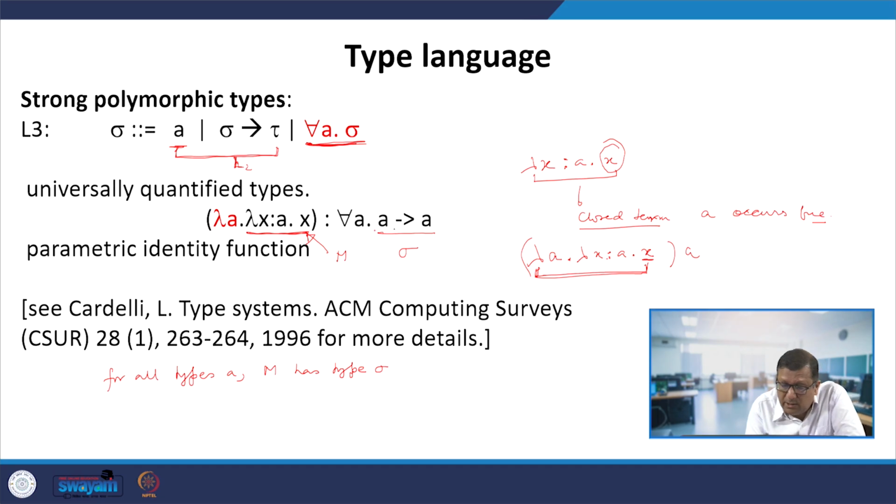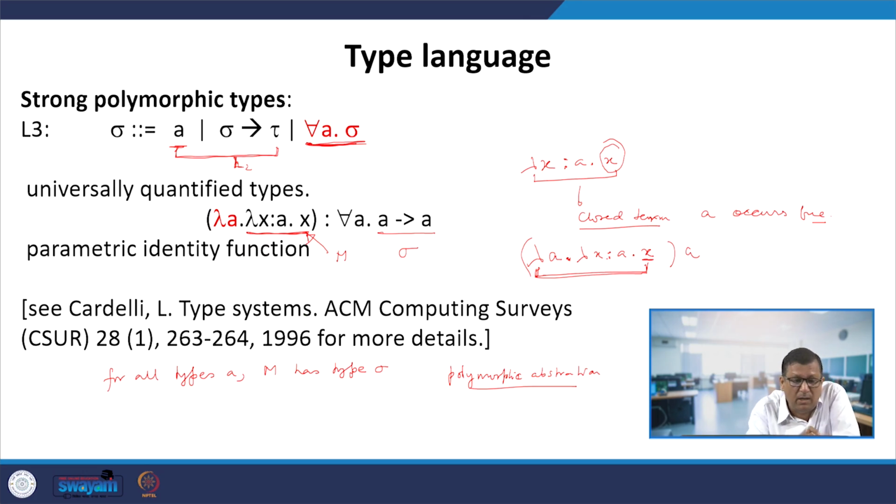This is written as for all A dot A arrow A, where the A arrow A part is the sigma here. This is called polymorphic abstraction. This technique of writing this, when we are parameterizing this variable, is called polymorphic abstraction, because now we are applying this as a parameter. For this, please refer to the classic paper of Luca Cardelli, where it is discussed in detail.